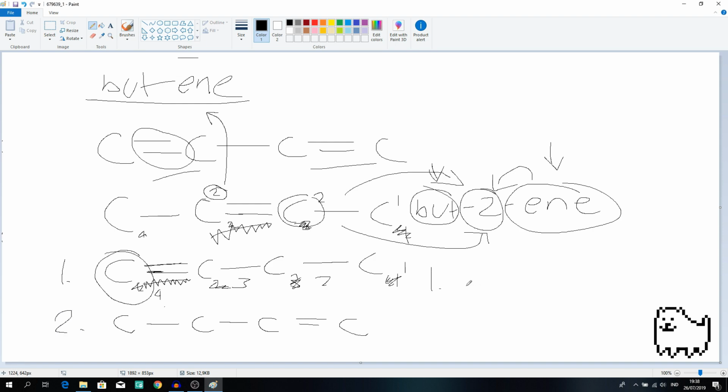Are number 1 and number 2 the same or not the same? I mean, this one is here and this one is over here. Some of you might not know if they're the same or not, but they are the same. That's the answer.